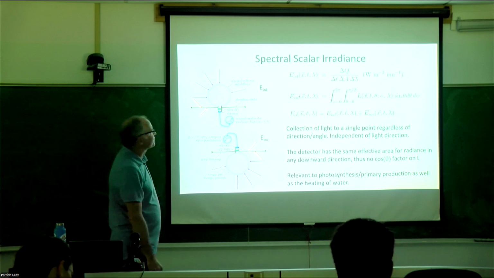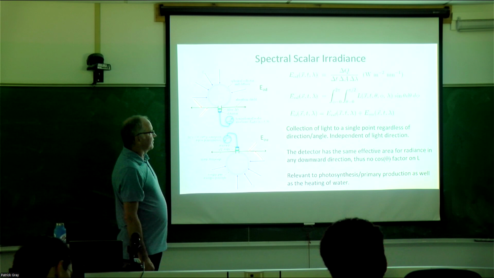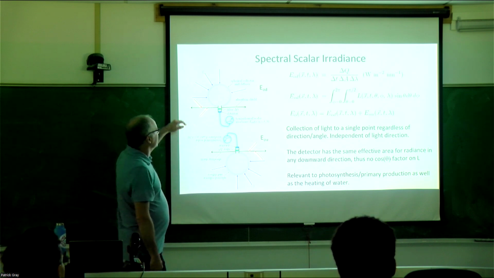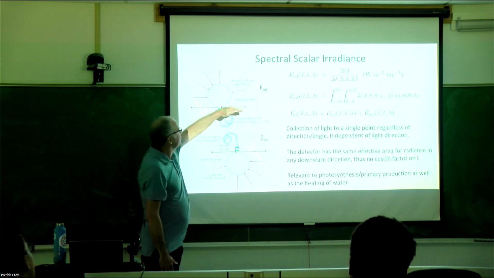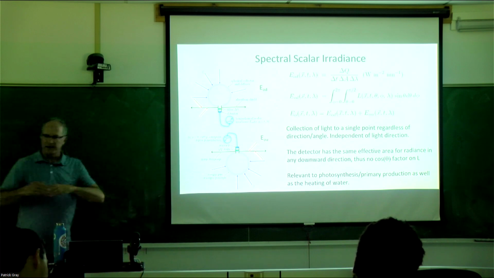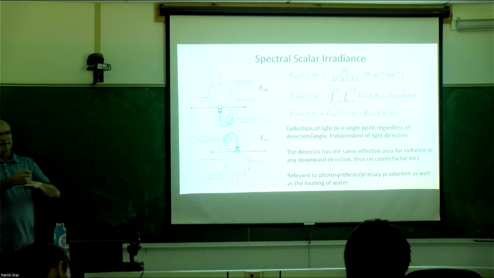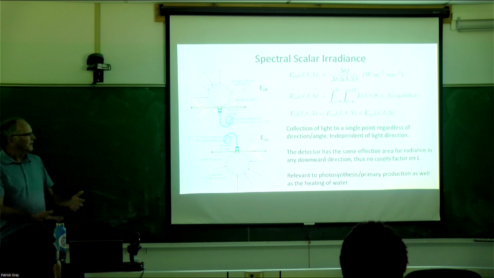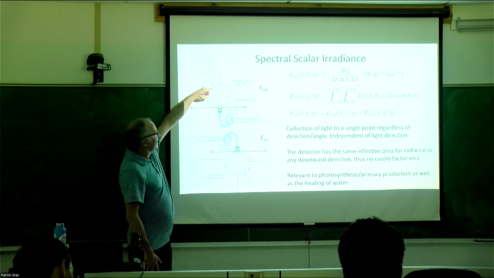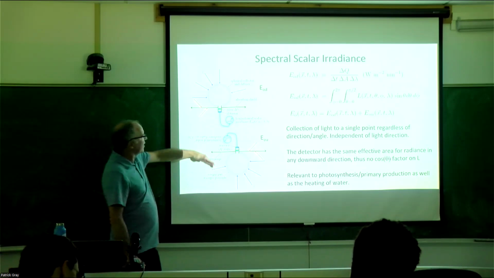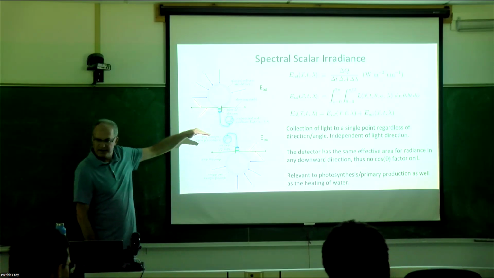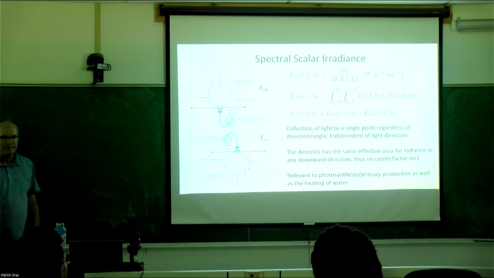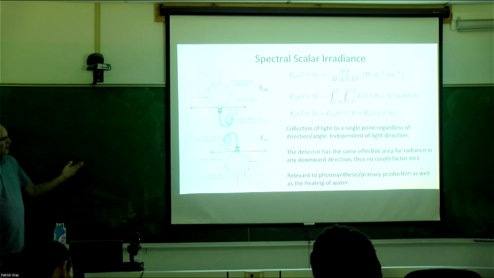So that's the scalar irradiance. If you put a little absorbing shield right there, a little block on top of it, you're trying to block out light coming from the upwelling portion, so you get the downwelling scalar portion.